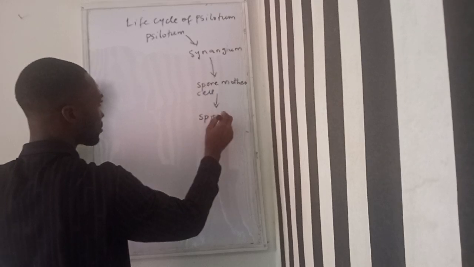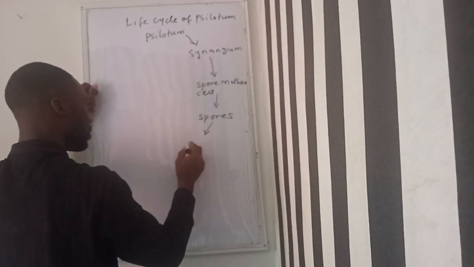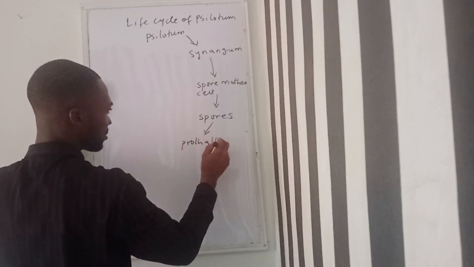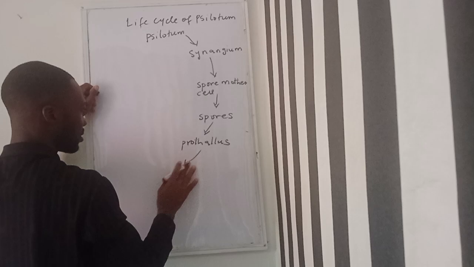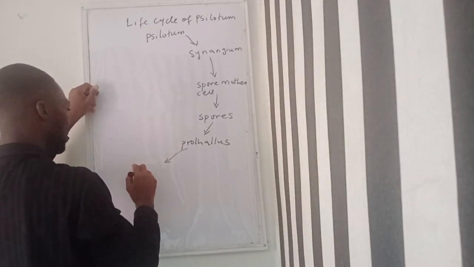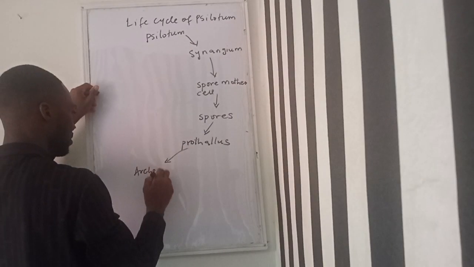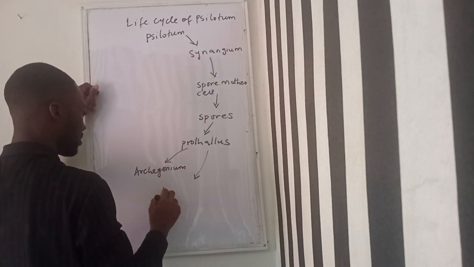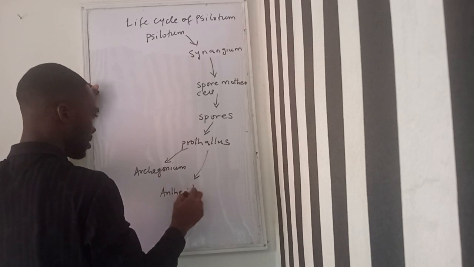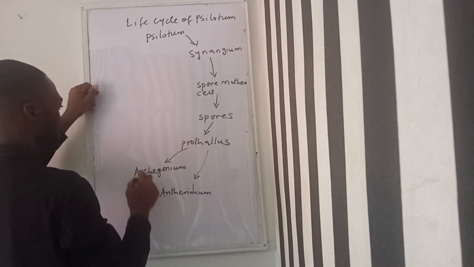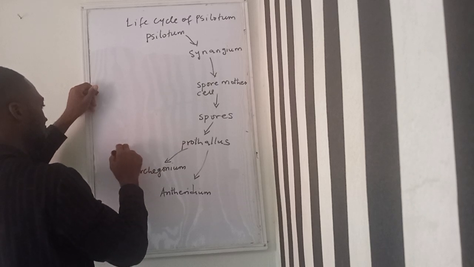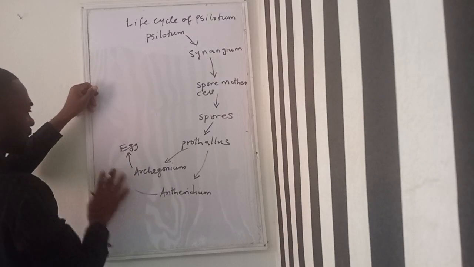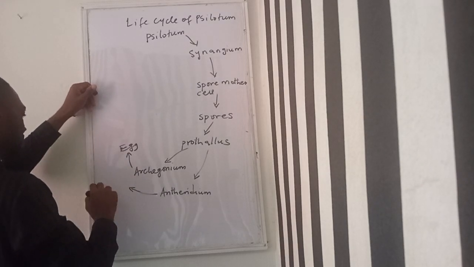They'll have the spores, which develop into the prothallus, and of course the prothallus has the archegonium, then antheridium. Archegonium produces the egg. The antheridium produces the anterozoid.